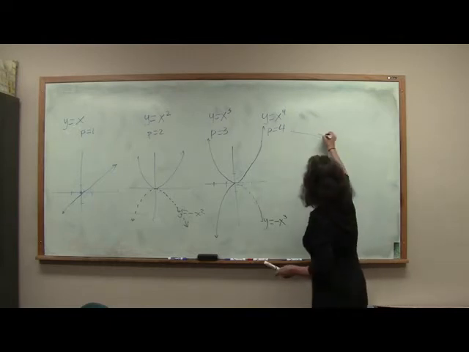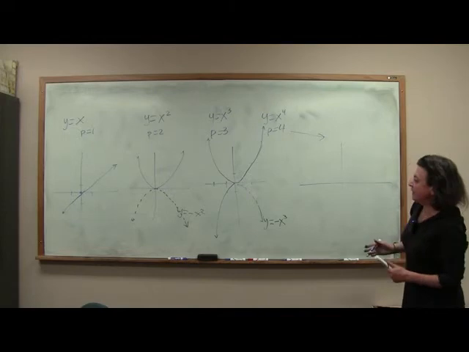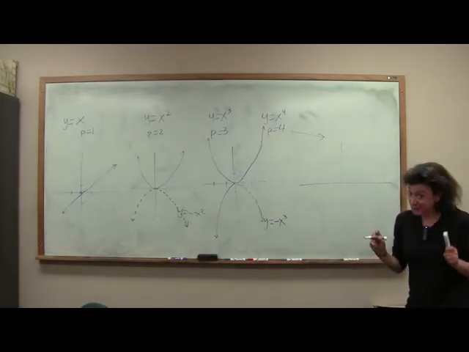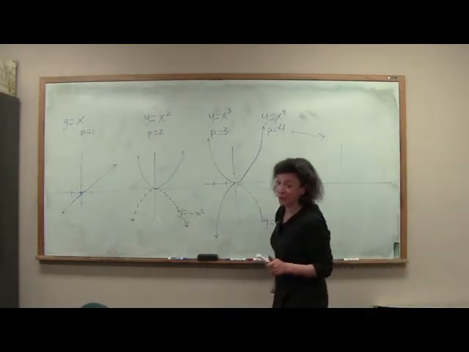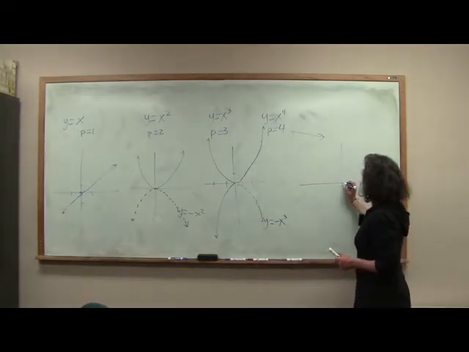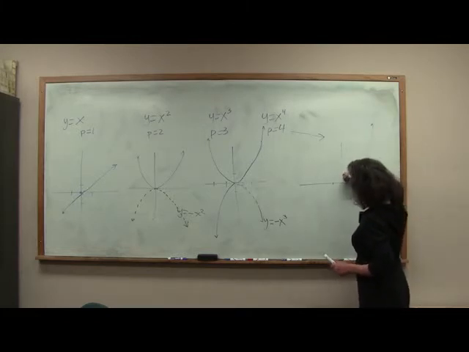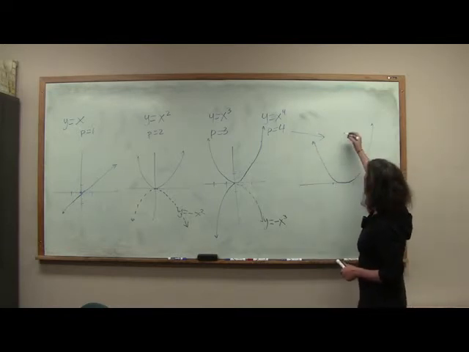All right, last but not least, if I want to look at x to the fourth, given the level of detail in my pictures, you're not going to see a whole heck of a lot of difference between x to the fourth and x squared. The difference that happens is between 0 and 1 and 0 and negative 1, it's flatter, but then it grows really fast. Now, why is it flatter between 0 and 1?